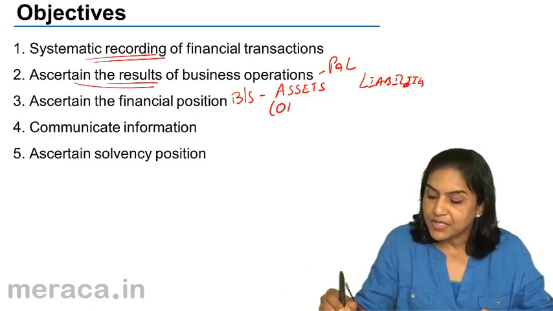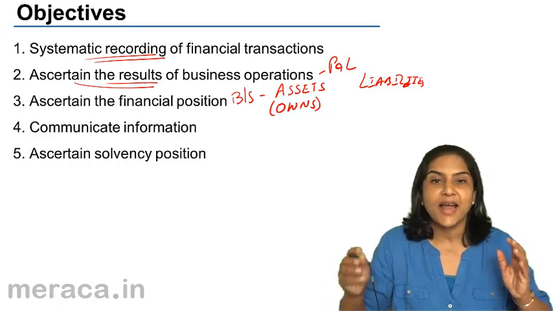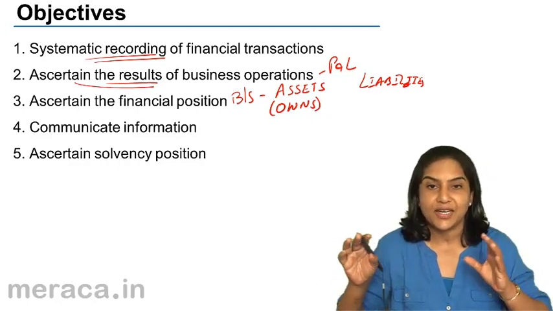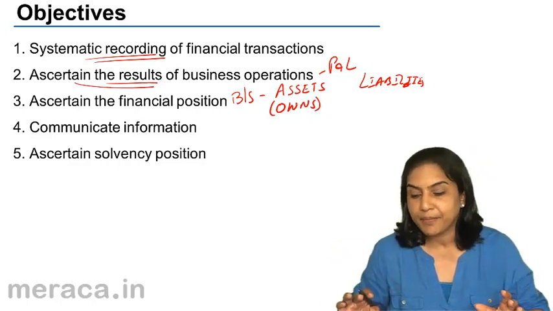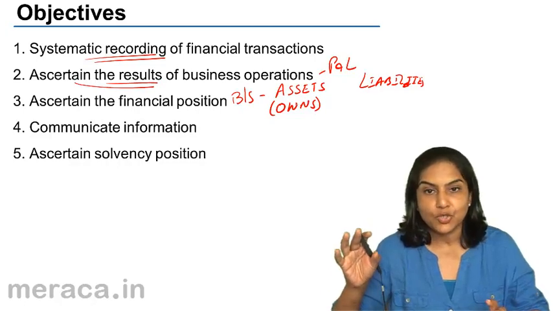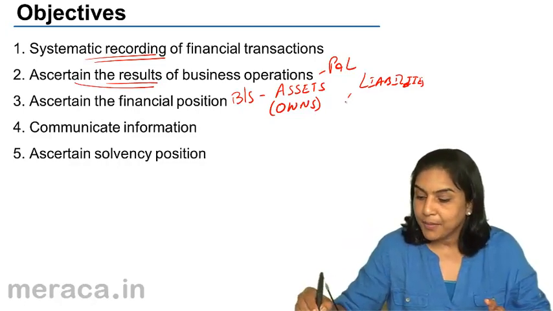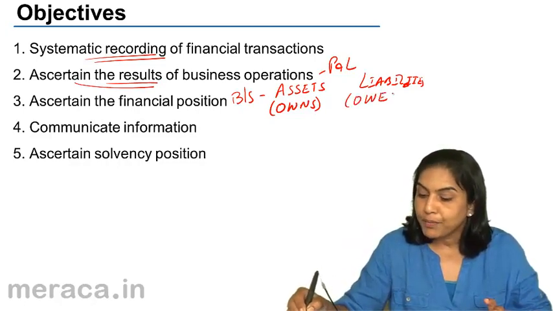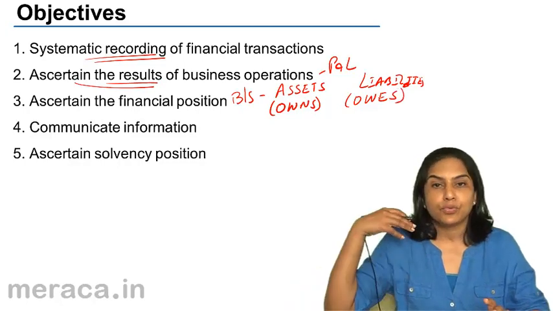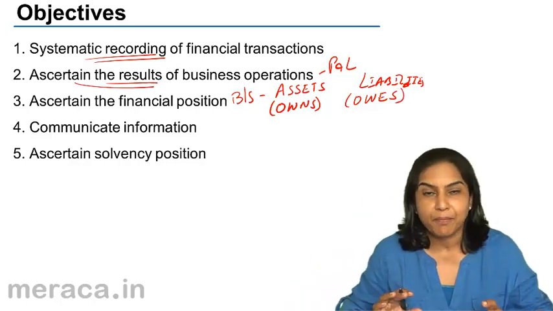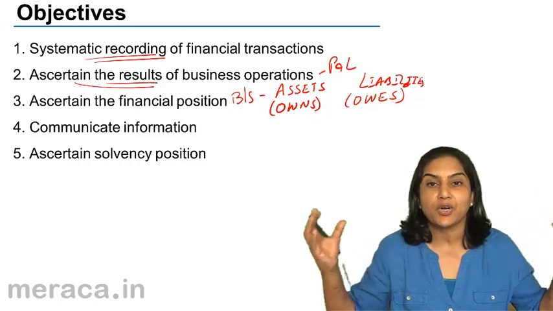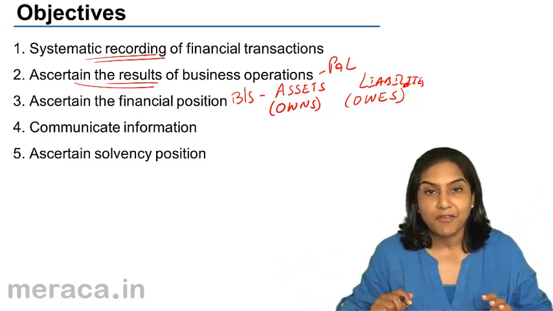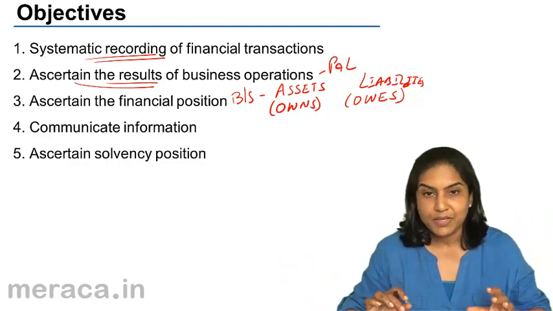Assets is what the business owns. It has land, it has building, it has machinery, it has cash, it has balance in the bank. So what the business owns, that is asset. But the business also may owe money to the banks. It has borrowed money from bank. The owners themselves, the shareholders themselves, have given money to the business.